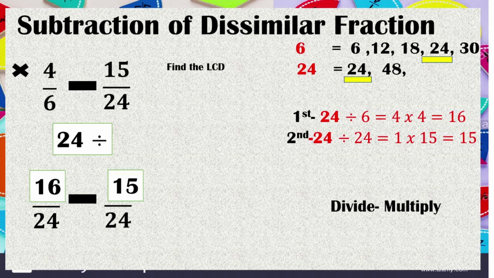So again, i-minus na lang natin ang numerator. 16 minus 15 is equal to 1. And copy the denominator, which is 24. Now, 4/6 minus 15/24 is equal to 1/24. So this is the final answer. Wala na siyang lowest term.